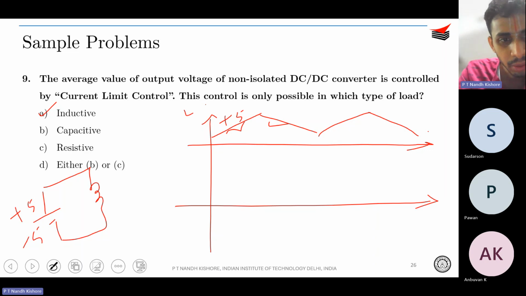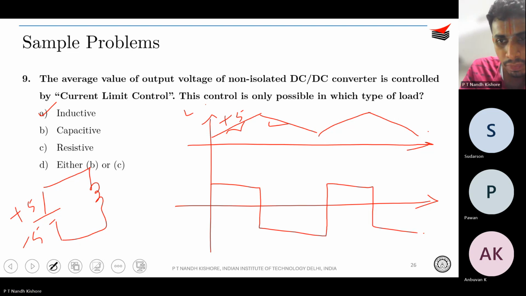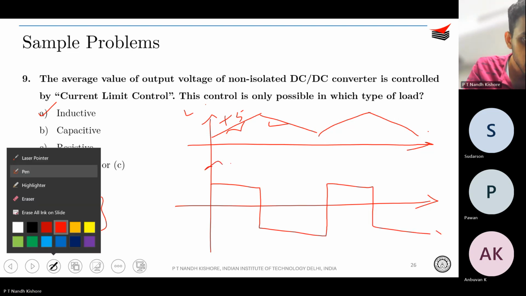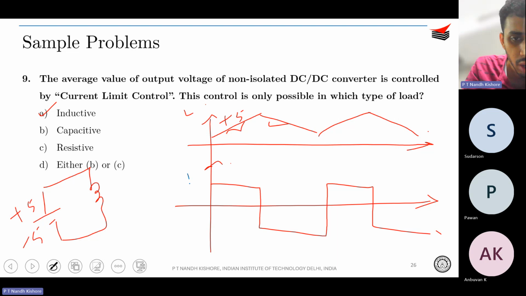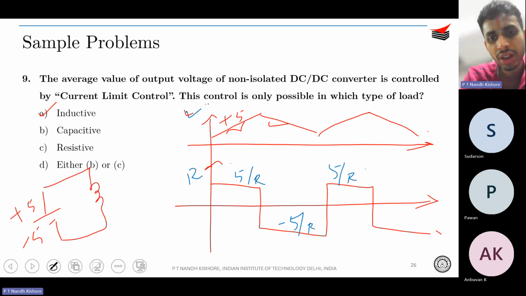This is for an inductor. When you have a resistor, you can understand it's going to be something like this, right? This is your R and this is your L. It is pi by R, minus pi by R, pi by R, minus pi by R, something like this, correct?